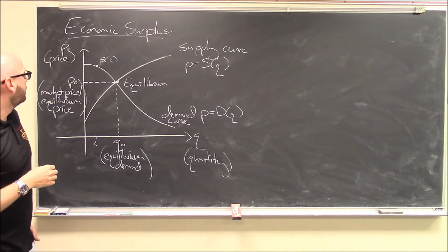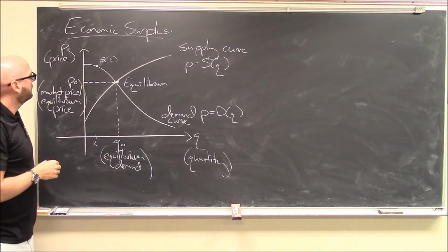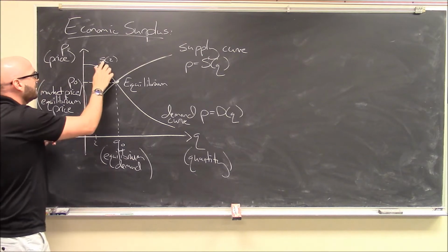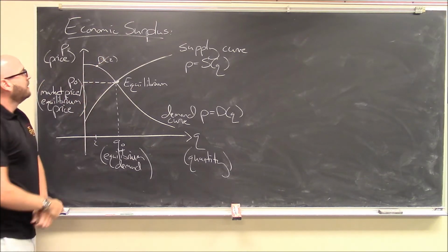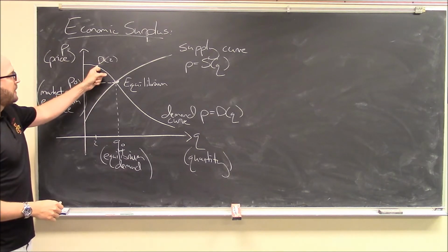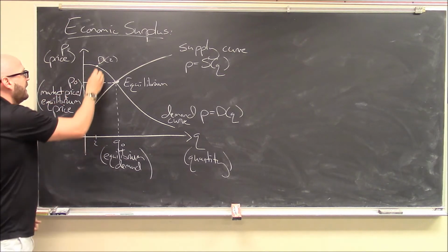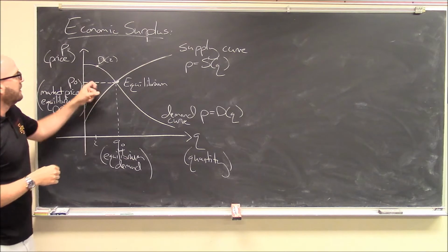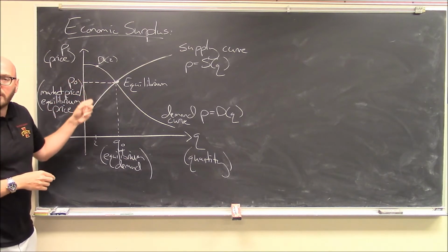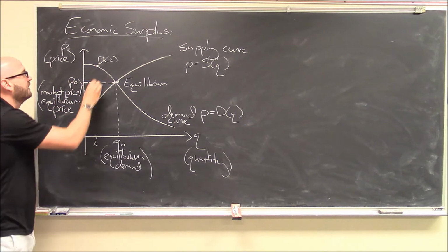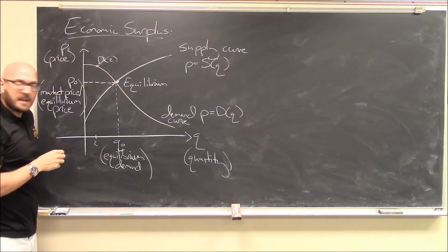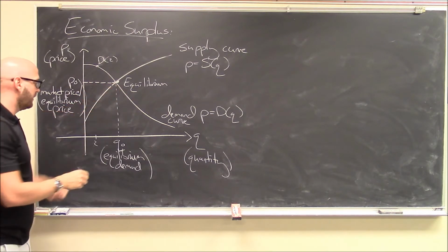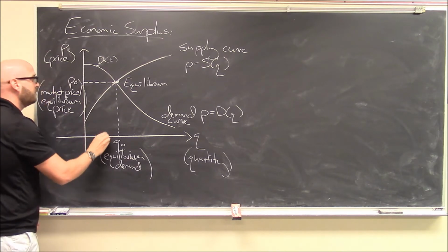Those 2 people are willing, oh sorry, I'm on my demand curve here, my bad. That's D of 2. Those 2 people are willing to pay this much. And this price they're willing to pay is more than the actual market price. It's more than the equilibrium price. So these 2 people are willing to pay more than they actually did, because this is the market price right here. Then I come over here to maybe 3 people.